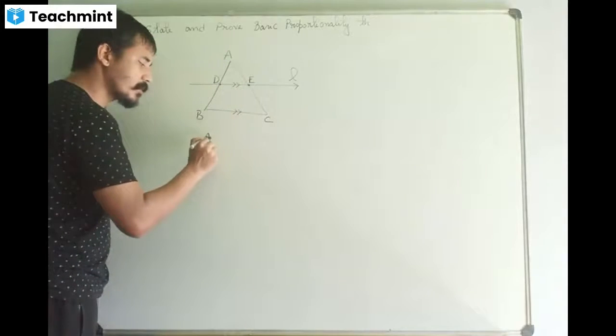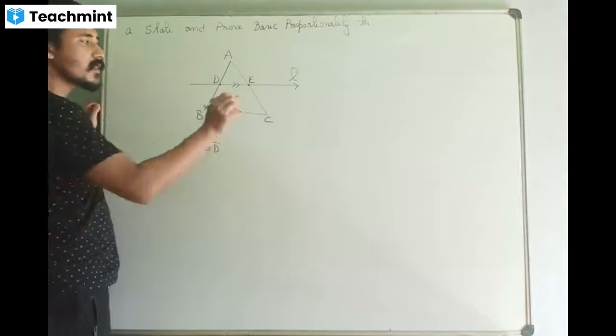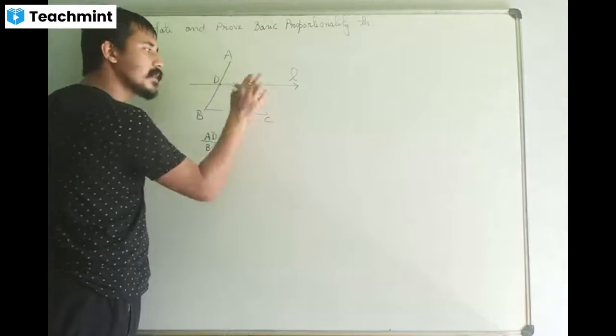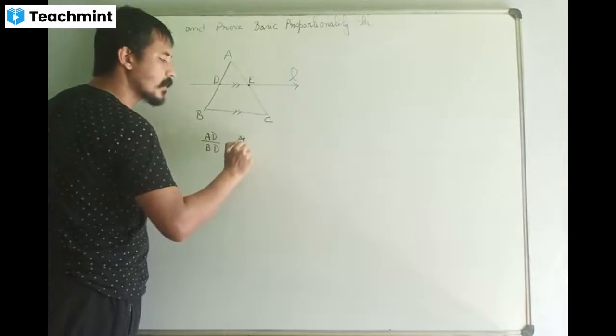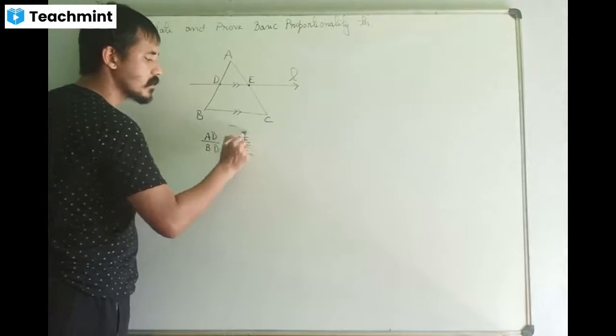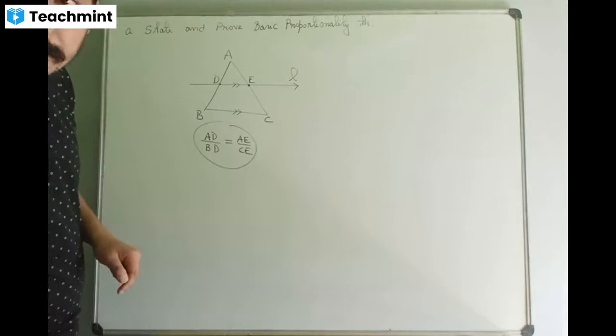You take the ratio. Also, this line L has divided AC into two parts. You take the ratio of the two parts. Then the ratio of the two parts will be equal. Okay?